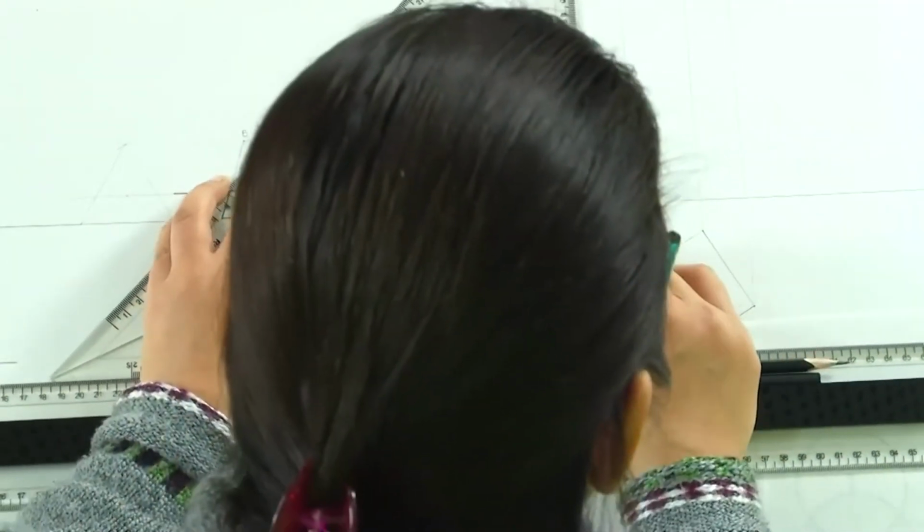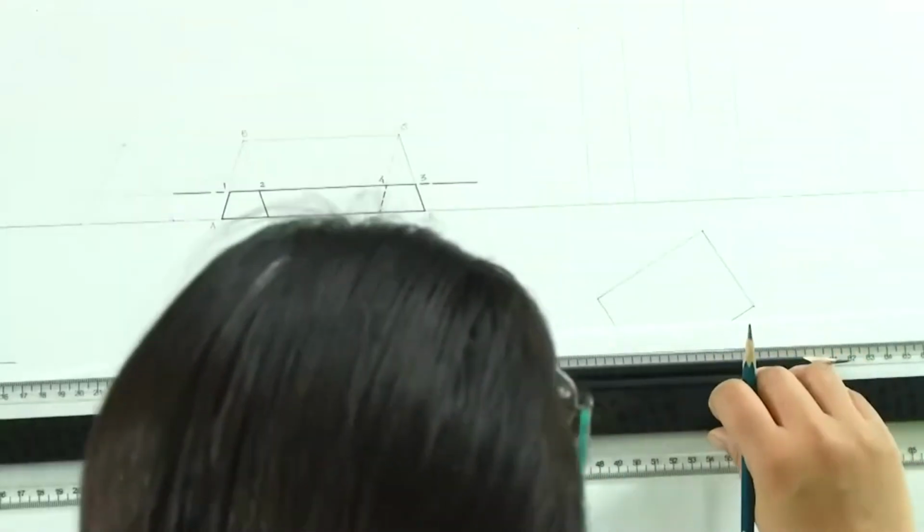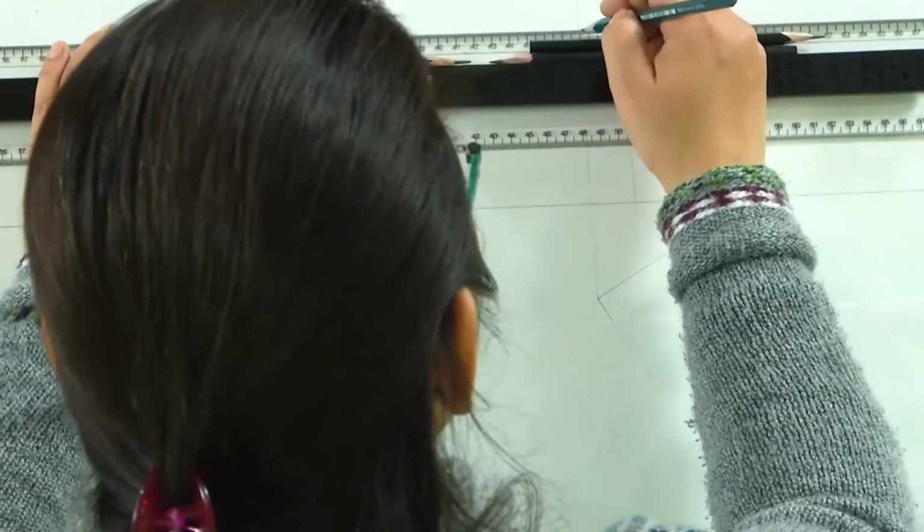Assuming the height of the prism to be say 10 centimeters, this is what the original position of the rectangular prism is going to be.